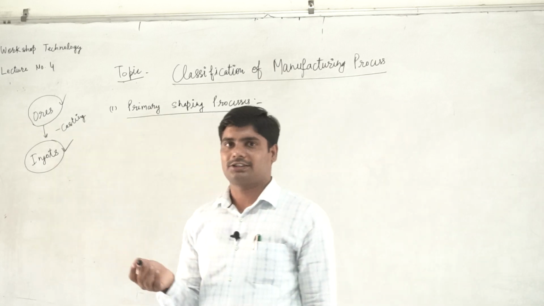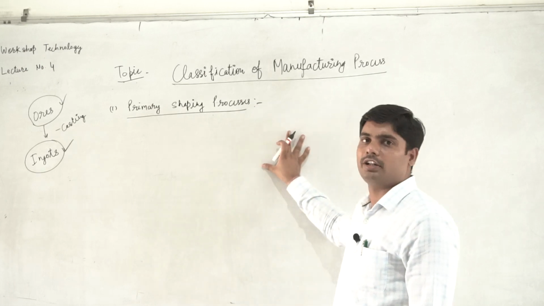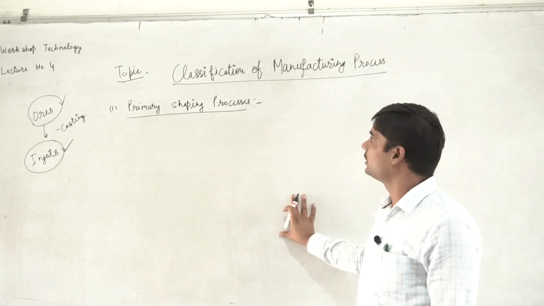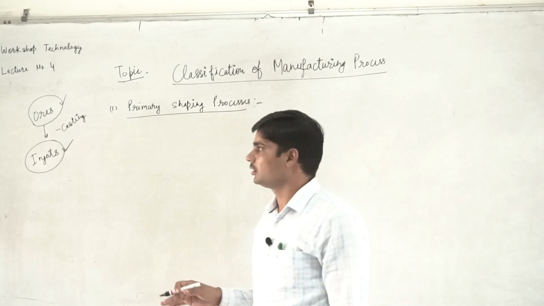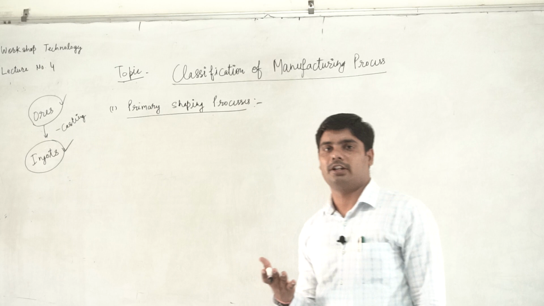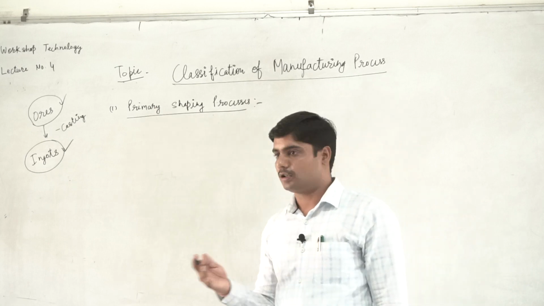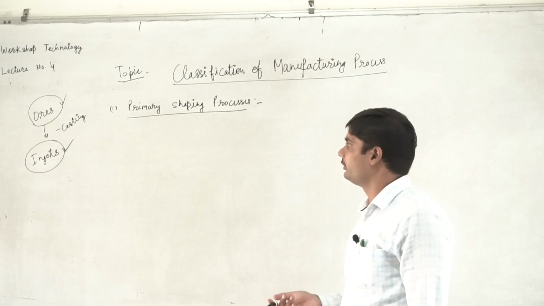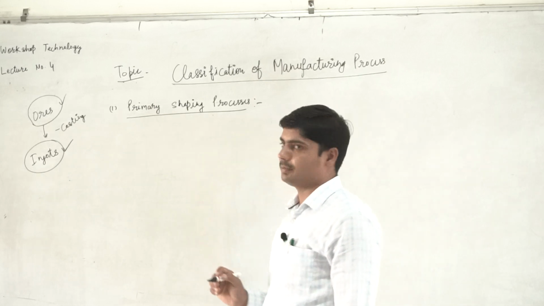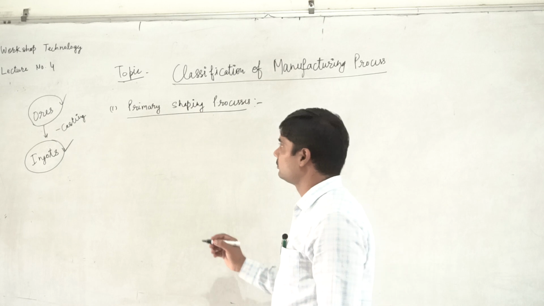The plastic is not covered in our subject syllabus. So now we are only discussing metal, where it has to be obtained and how it has to be processed and converted into finished goods.